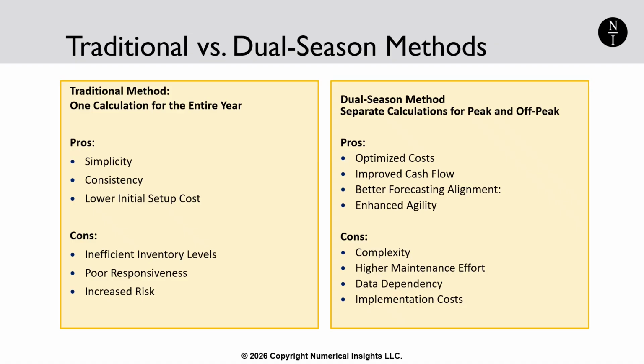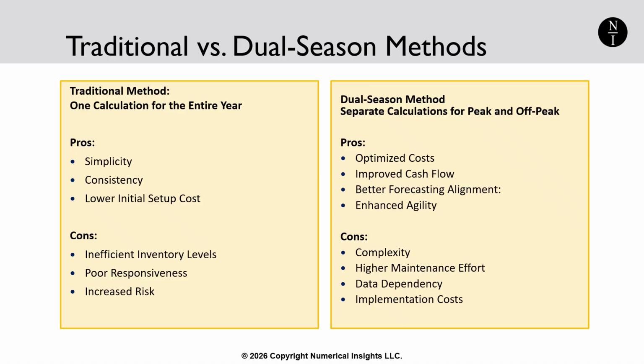It has poor responsiveness. It ignores seasonal patterns, leading to higher opportunity costs. Capital locked in slow-moving stock could be invested elsewhere. It has an increased risk. In extreme seasonality, this can result in stockouts during booms or waste from excess during lulls, eroding profitability.